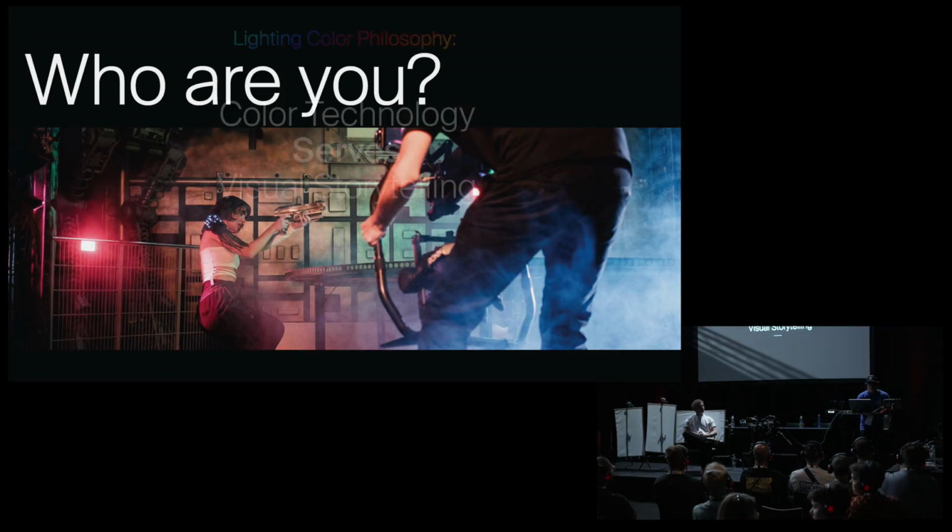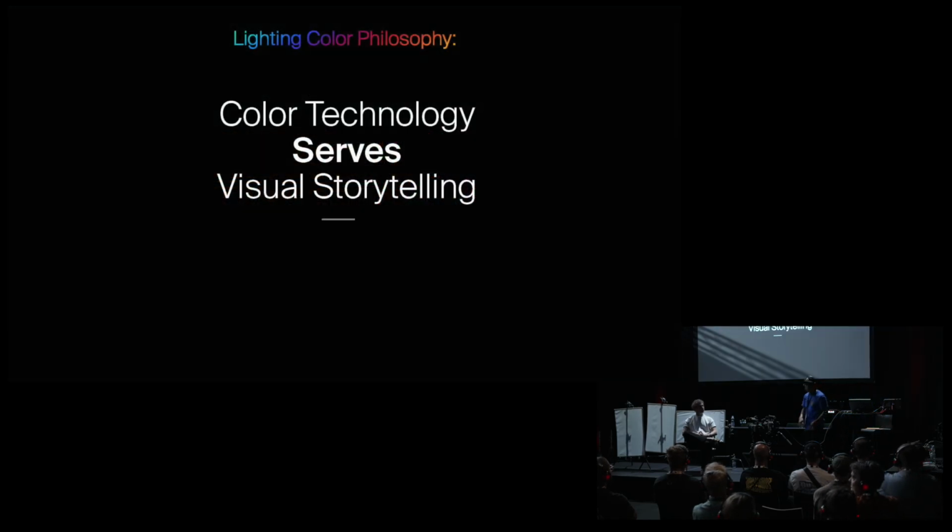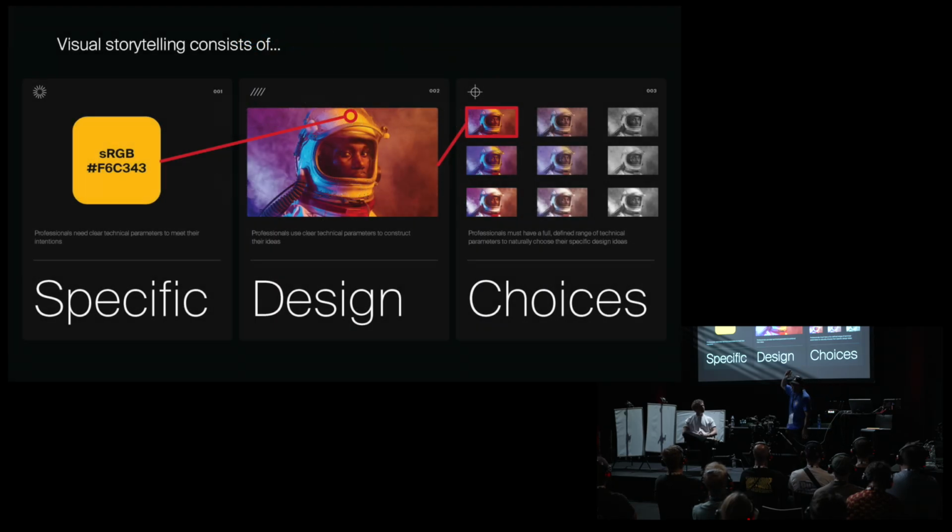Okay, great. All right, so again, I had a talk earlier this morning, and I always say this at the beginning of my talk. The whole point of all this and all the nerdiness that you see here is to serve visual storytelling. It's not the other way around. You want to be an artist, you want to tell a story with the image, you are making a very specific choice that you are designing to communicate something.